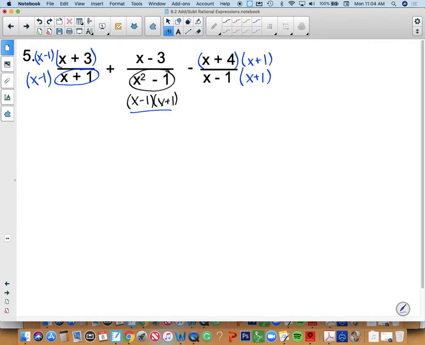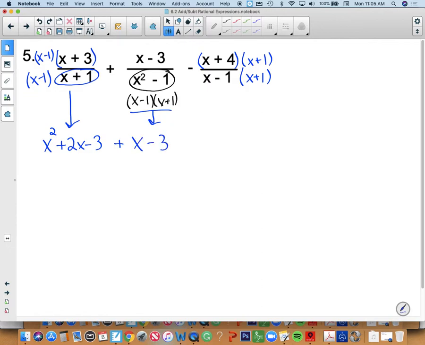All right, so we need to FOIL everything out. So let's take this one down and FOIL it out. The top will FOIL to x squared plus 3x minus 1x, so it's plus 2x minus 3. That's the numerator there. This one here, we're just going to rewrite because we didn't have to do any FOILing in the top.